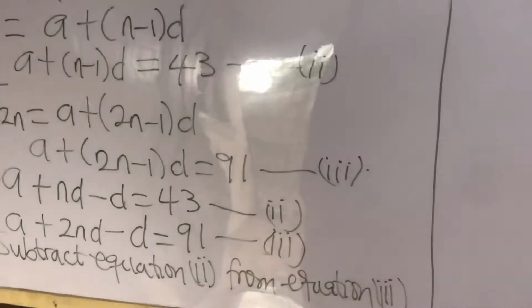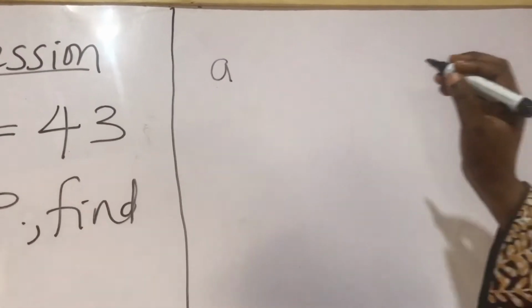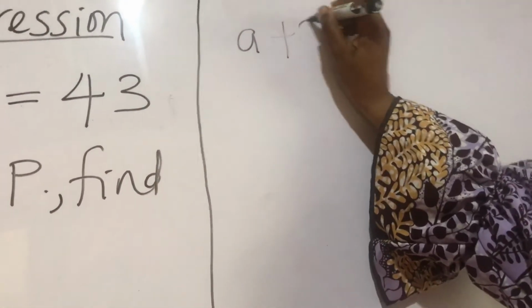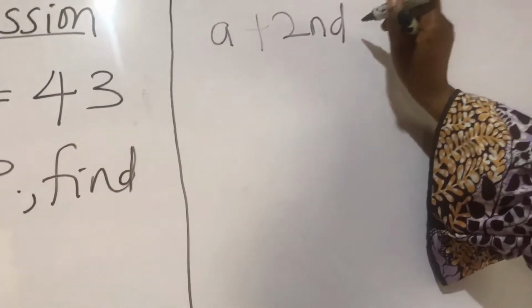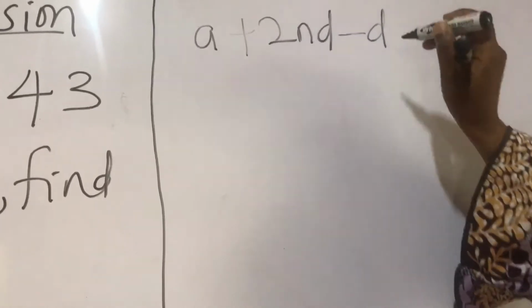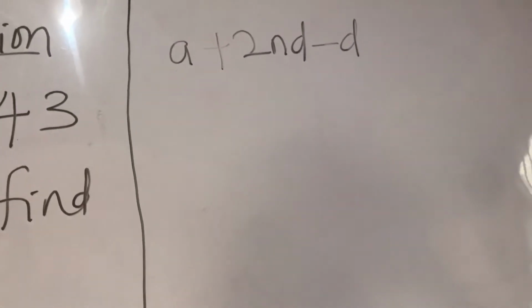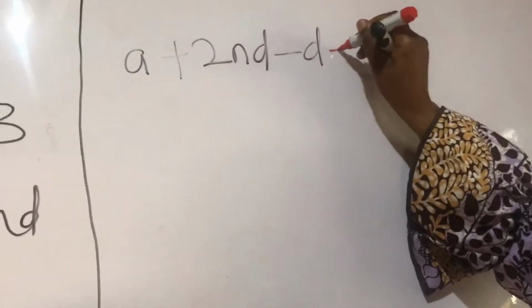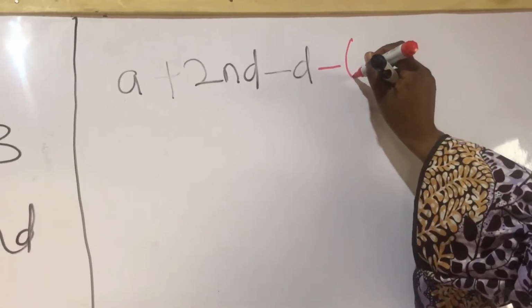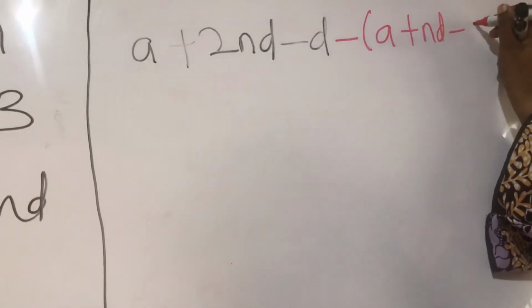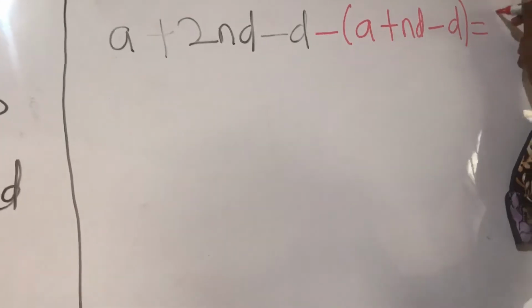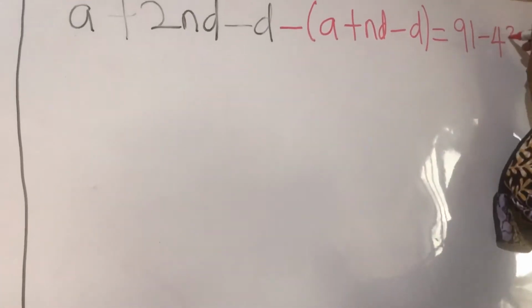Write equation 3: A plus 2ND minus D. Then we want to subtract equation 2 from it, so minus the whole of equation 2, A plus ND minus D. It is equal to 91 minus 43.